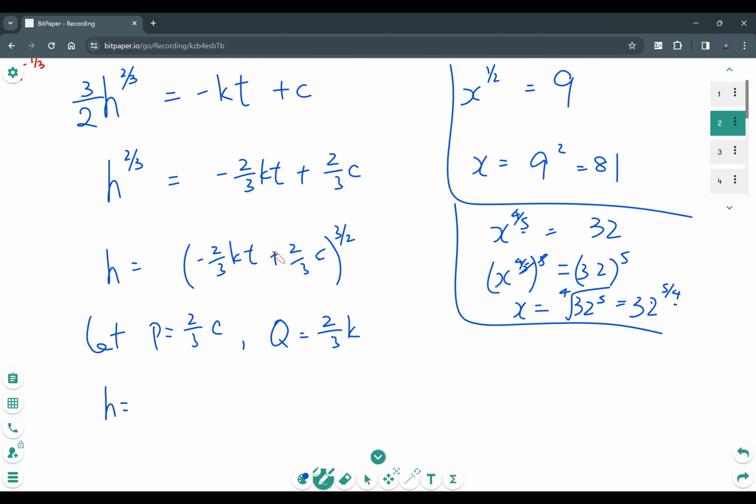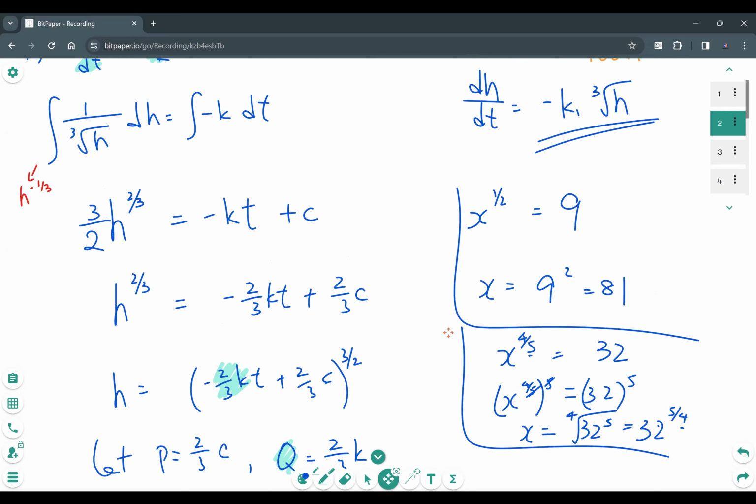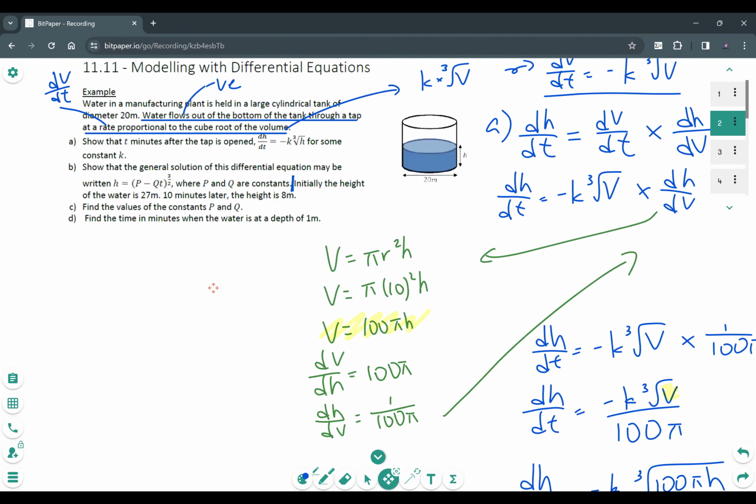So h becomes P minus Qt to the power of 3 over 2. So Q is just 2 over 3 k in here. There you can see, minus kt. Why do you not put a negative in there? Because there's a negative in front. Therefore, if I let Q be negative, this would become plus Qt. Right, that's it, sorted.